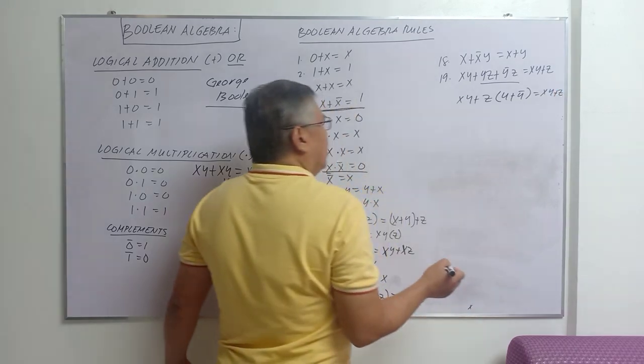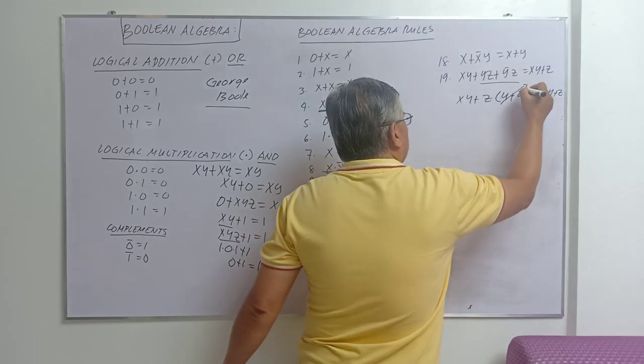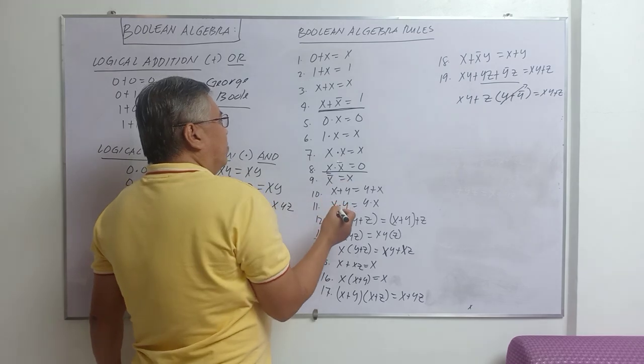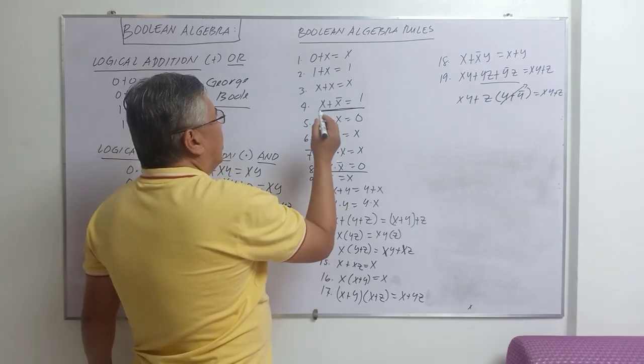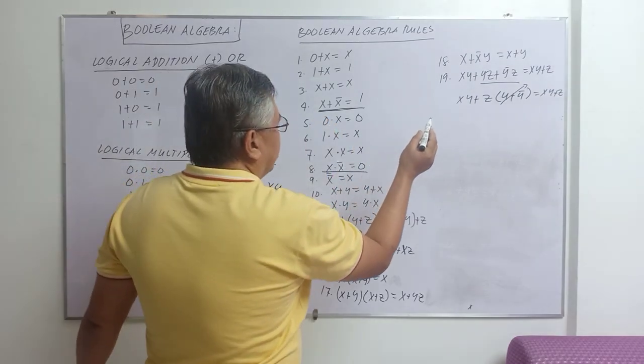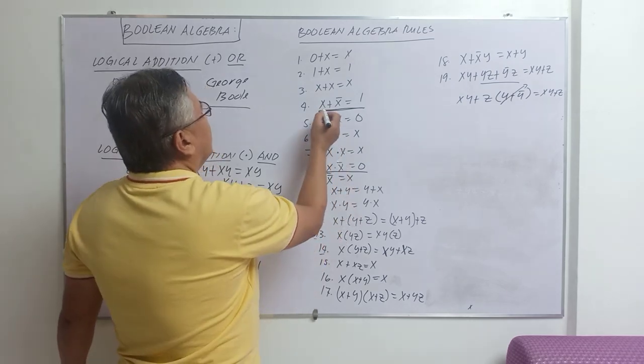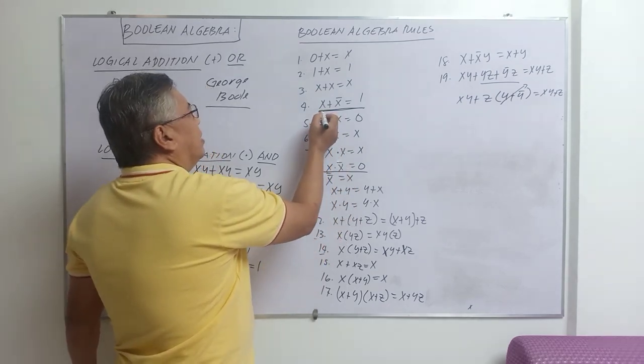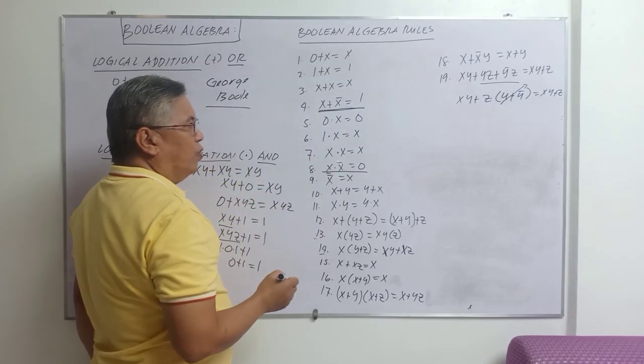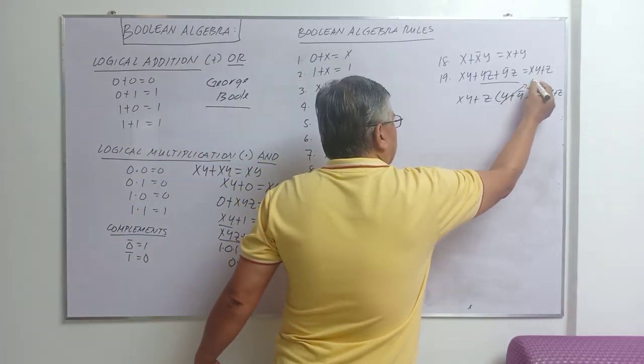Are they equal? So you know, what is this? y + ȳ. You have a variable added to the complement of that variable. Where is that? This one. Rule number 4 is equivalent to 1. So this is 1 here.